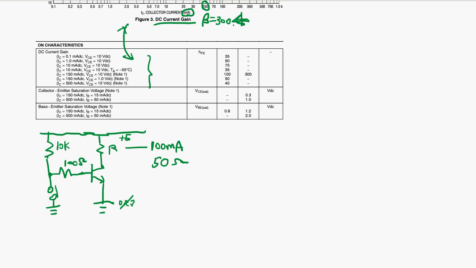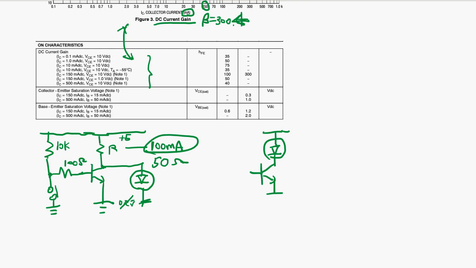The reason why we set this 100 milliamps is we want to use an LED. So the LED is going to be connected here. Now some people use the LED this way, draining to the collector, and we don't recommend this because ICC varies depending on the transistors.